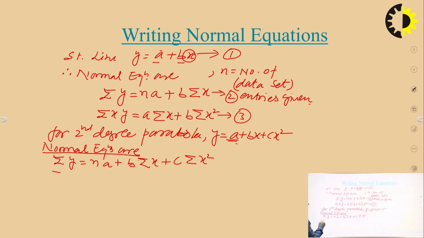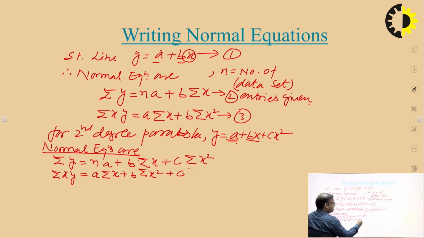So therefore the second equation is with reference of the b, and therefore we have to multiply here x, and then here it will be a sigma x plus b sigma x square plus c sigma x cube.